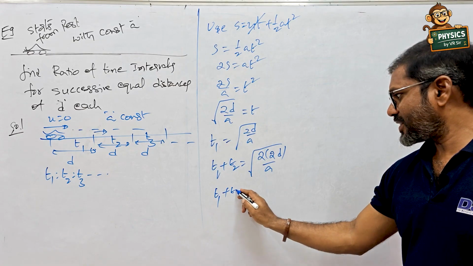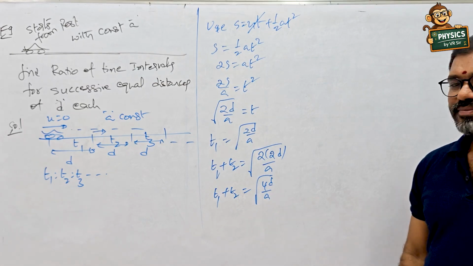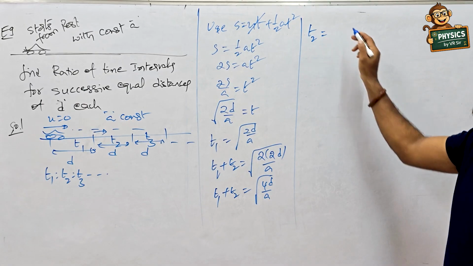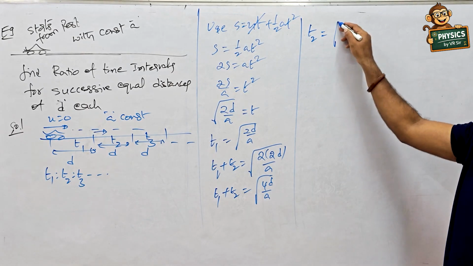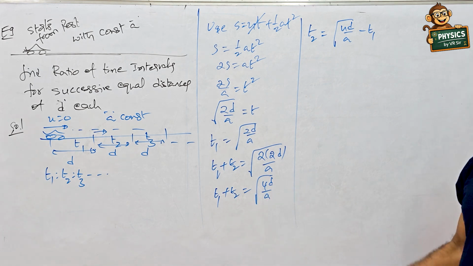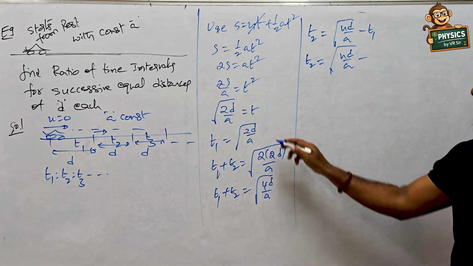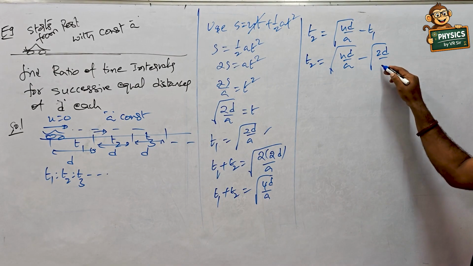Therefore t1 plus t2 = root over 4d by a. Got it? Now what happened to t2? t2 is root over 4d by a minus t1. Bring it to the right-hand side. So t2 = root over 4d by a minus root over 2d by a.